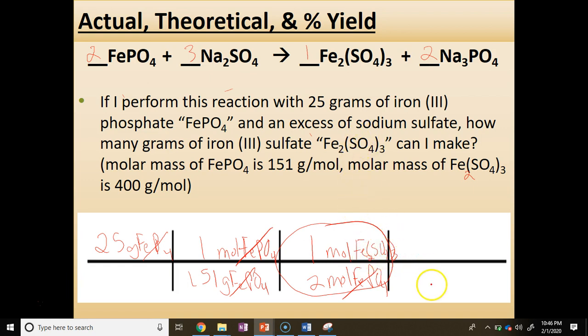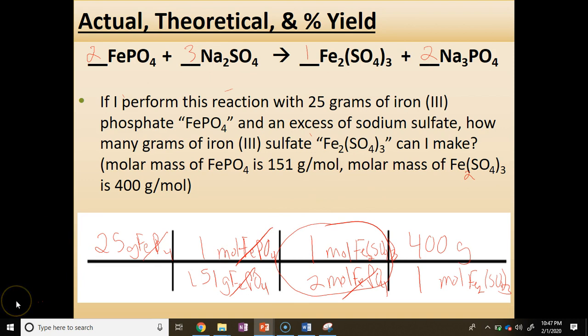And then I need grams of that, so we're going to bring down moles of Fe2(SO4)3, and then finally go to grams, which is going to happen to be 400. So 1 for that, and then we can multiply the top, divide by the bottom, and that's going to be our theoretical yield.